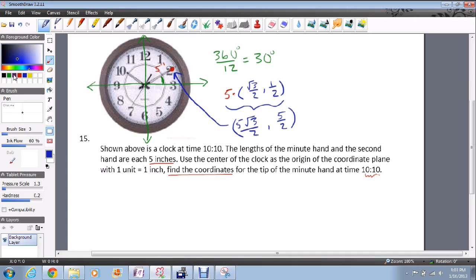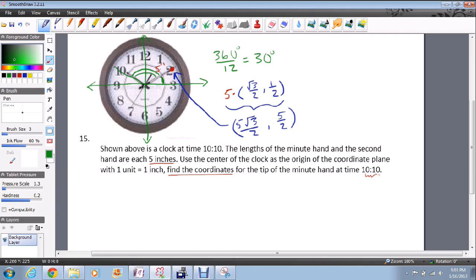But what they're saying is that the second hand is now directly on the 10. It's perfect. And it's going to go to the center. So we want to know the angle that's formed in between here, that whole thing.